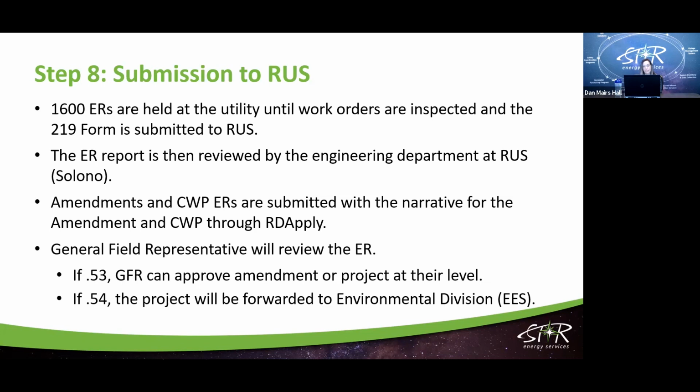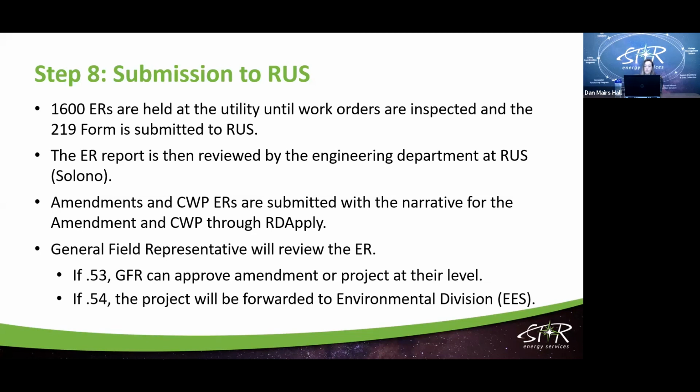The ER report is then reviewed by the engineering department at RUS, which is Ken Solano. That is for the 1600s once they're submitted. Amendments and construction work plan ERs are submitted with the narrative for the amendment and the construction work plan through RD apply.